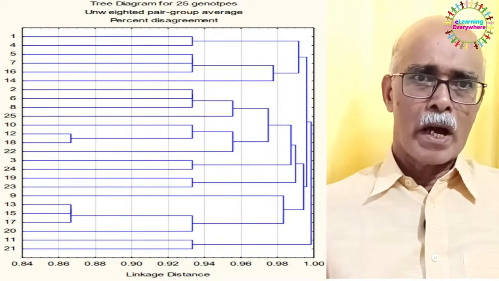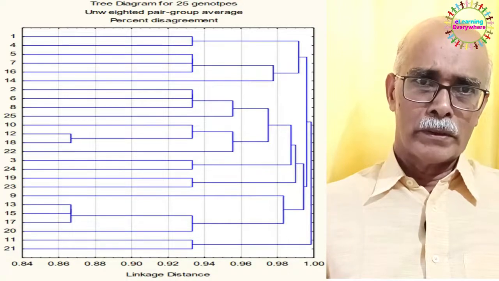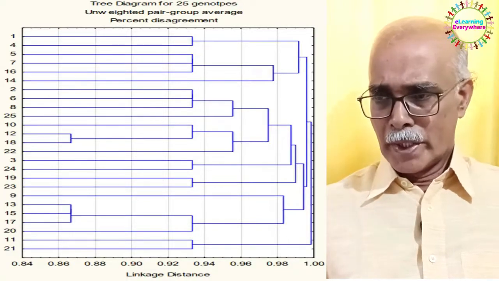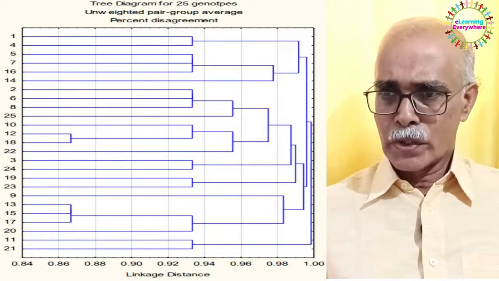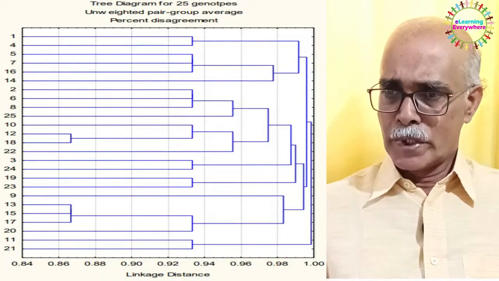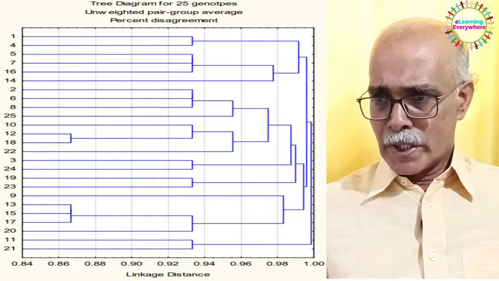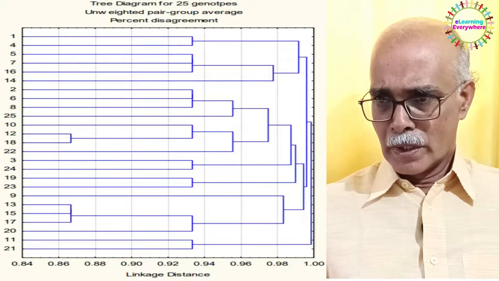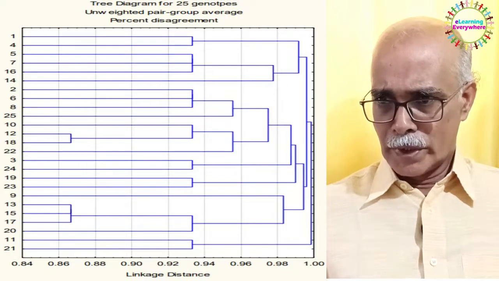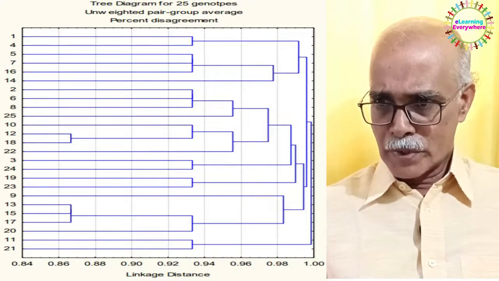Towards the upper side of the diagram, you can get the first major subcluster, which contains only 2 genotypes, genotype 1 and genotype 4. And then comes the next major subcluster, and it contains genotype 5, genotype 7, genotype 16, genotype 14.